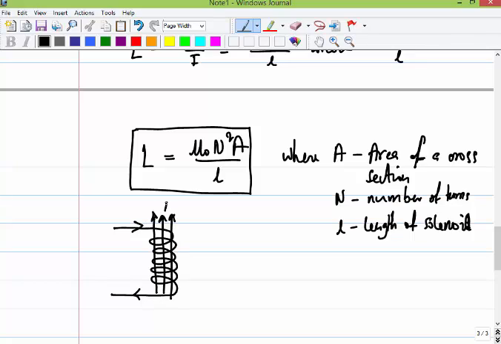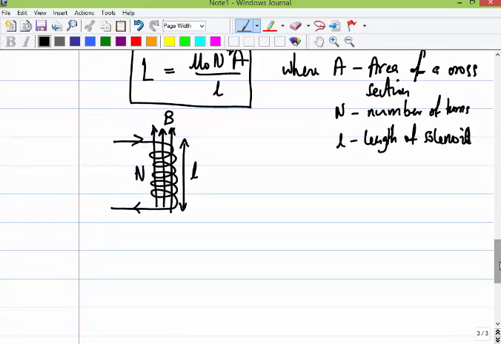This is the magnetic field B. This is the length l, and this has N turns, and the face through which the magnetic field goes is the cross-sectional area A. It would have a potential difference across the ends, and this is the delta V L, the potential difference across the inductor.